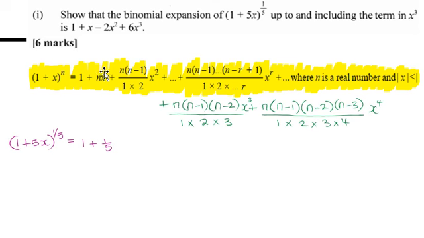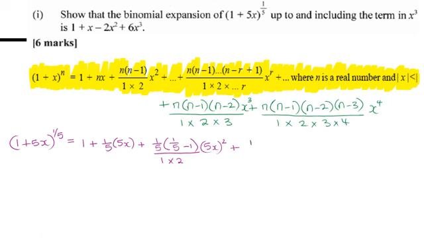So we would replace all the x's in the formula with 5x, plus n times n minus 1 over 1 times 2 times the 5x being squared. Remember, we're replacing the x in the formula with 5x. So 5x is squared, and sure it's in brackets. I spoke about that before.